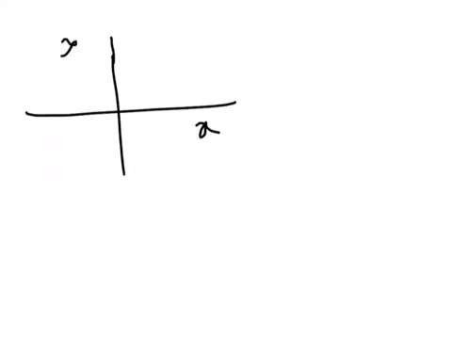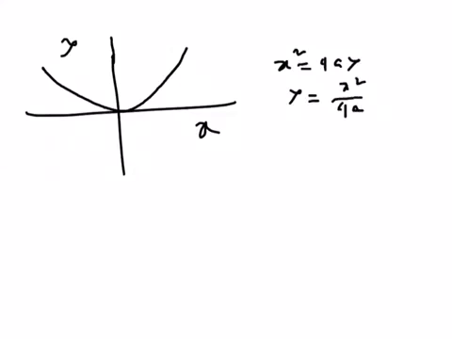So let's say this one, the one that passed the vertical line test, and this is definitely a function. This is of the form x squared equals 4ay, so y is equal to x squared over 4a, which is a function of x.